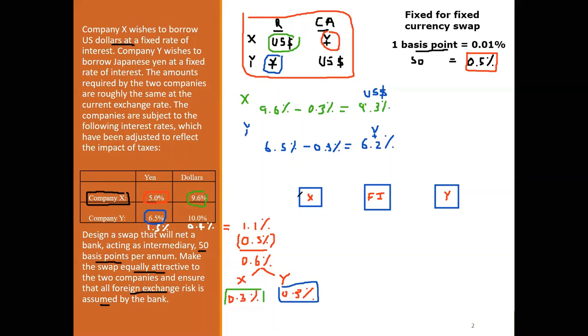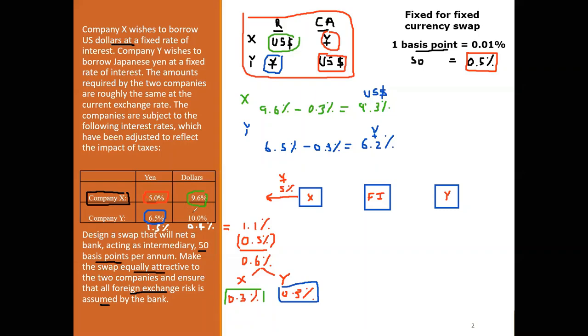So to the outside party from whom X is borrowing, X would pay 5%, but this 5% would be a yen value on the yen amount, right? 5% in yen. And then if you look at Y, Y has a comparative advantage in the US dollar market. Because of that, Y will go and borrow from the US dollar market.